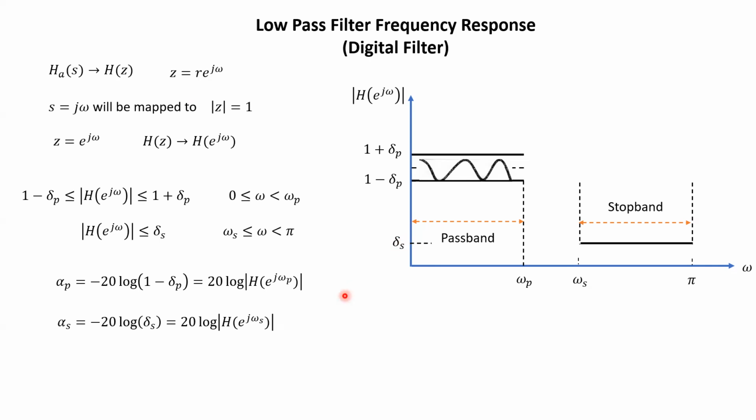This way we have this type of filter specification. Within the pass band, the fluctuation in the gain of your digital filter may go from 1 minus delta p to 1 plus delta p, and within the stop band, the gain should be less than or equal to delta s, right? This way we get the specification.